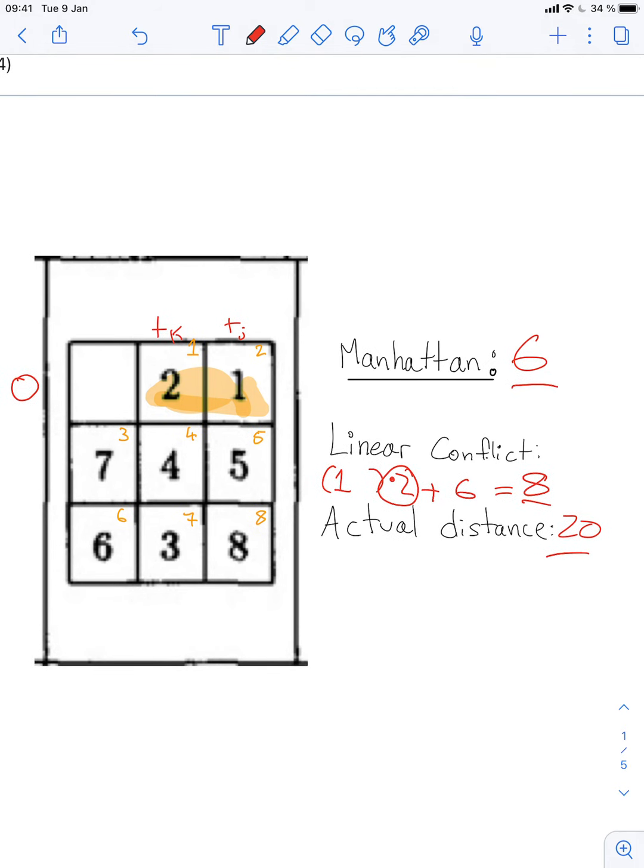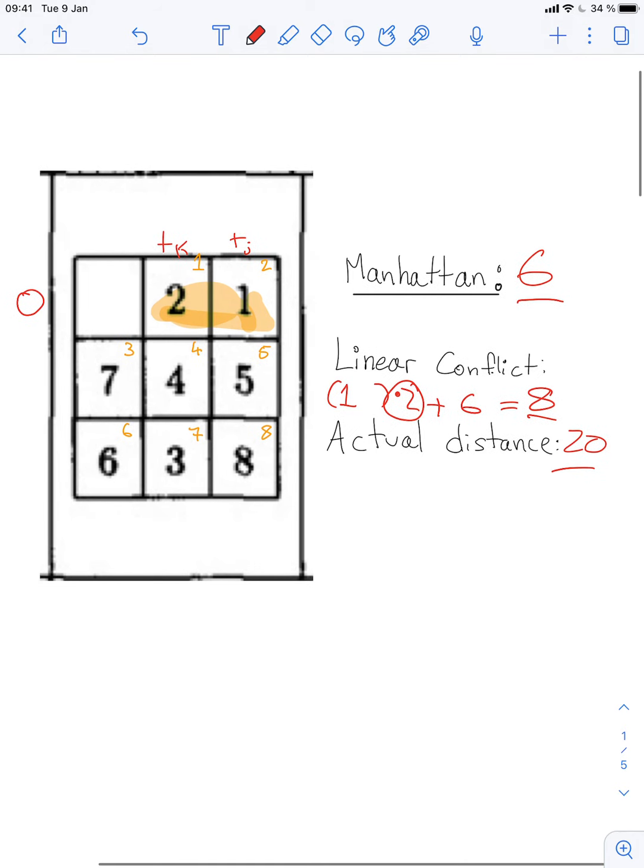Now, there is something interesting here that I want to point out. If the costs of the puzzle are not the same as the original problem, so in this problem, every movement has 1 as cost. In the case that in another puzzle the movements are not 1, so for example, there's something called the light puzzle.